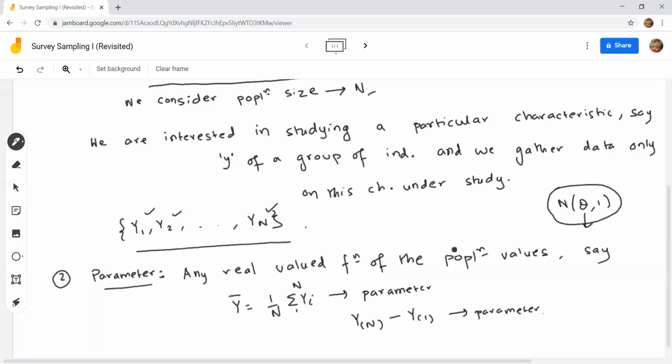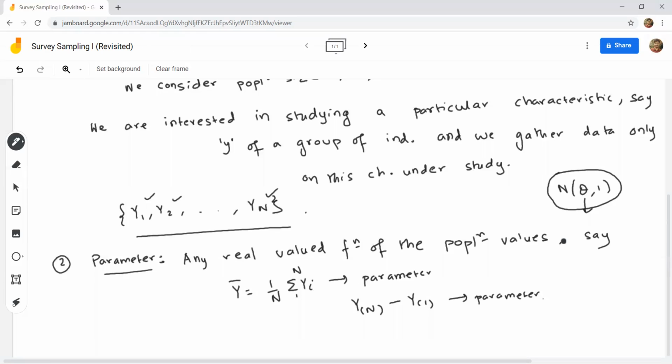Fine. So basically the goal here is the same. In inference, we all used to draw a sample from a population, construct a statistic so as to estimate this parameter theta, right? So in survey sampling, we'll do the same thing.